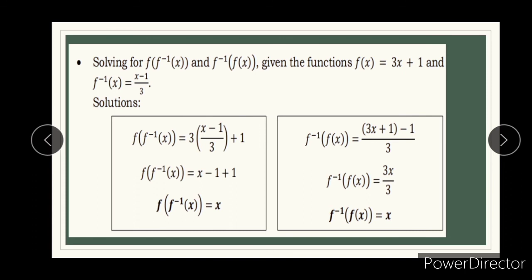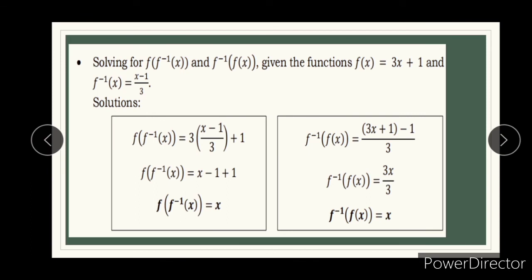Solutions. f of f inverse of x is equal to 3 times x minus 1 all over 3 plus 1. So that is equal to x minus 1 plus 1. So the f of f inverse of x is equal to x.